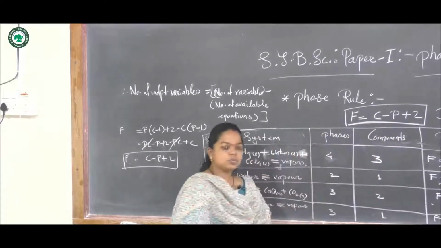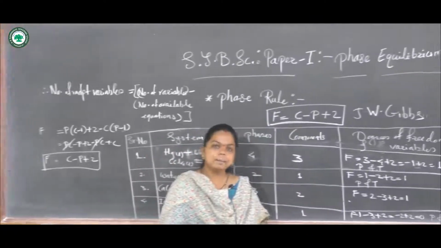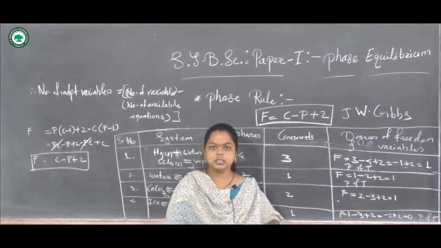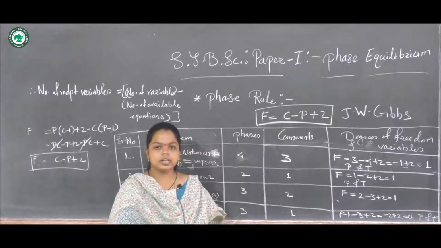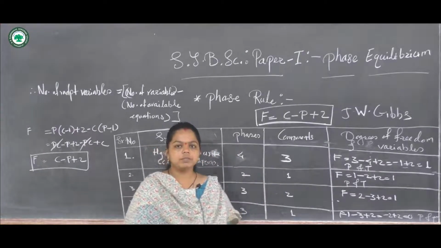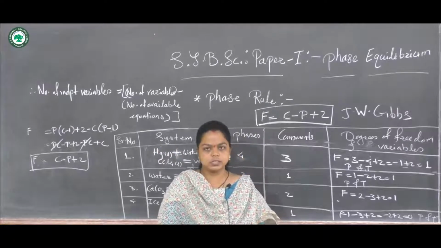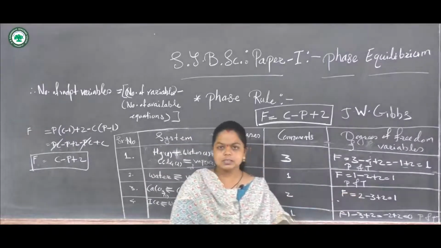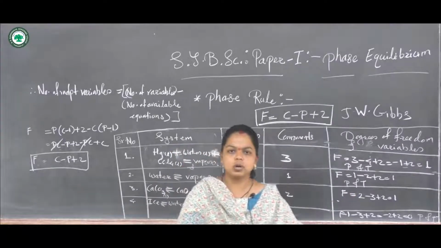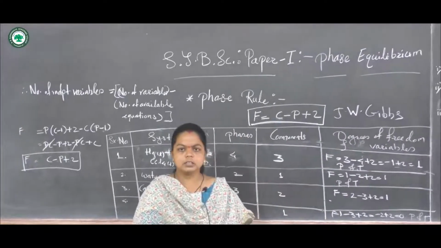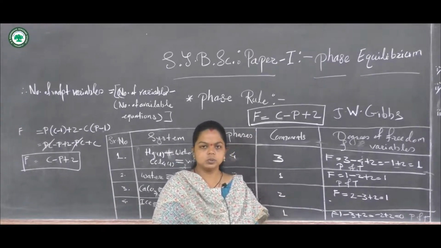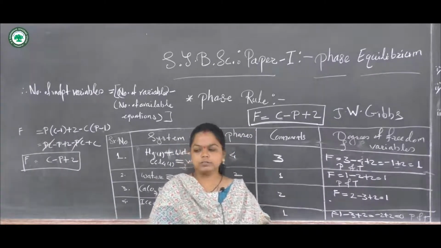F equals C minus P plus 2. This is the derivation of the equation which gives the degrees of freedom for the corresponding system. From this equation we can calculate whether the system is zero variant, that is non-variant, monovariant, bivariant, and so on. So this is about the degrees of freedom.